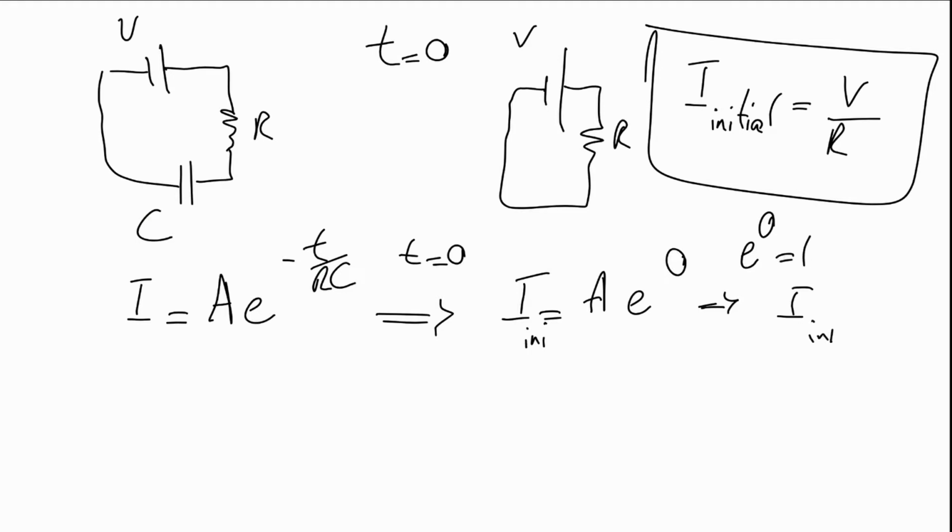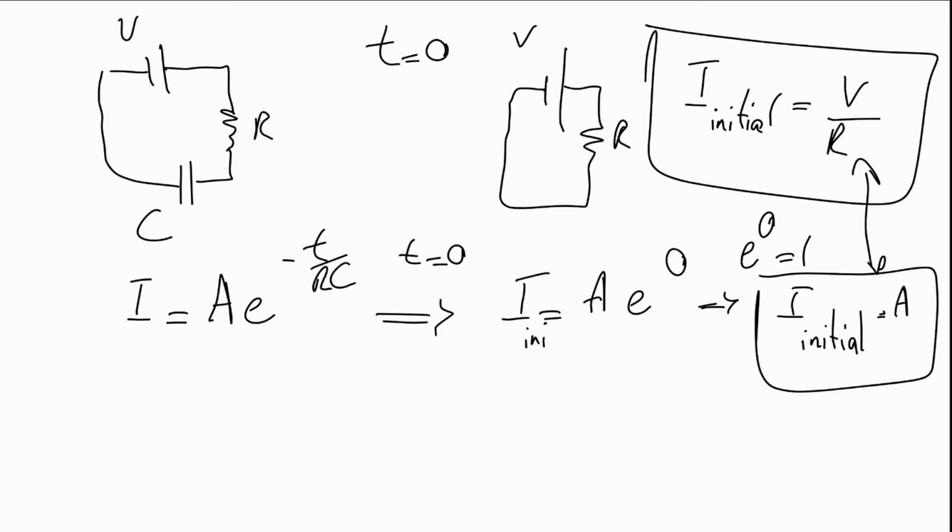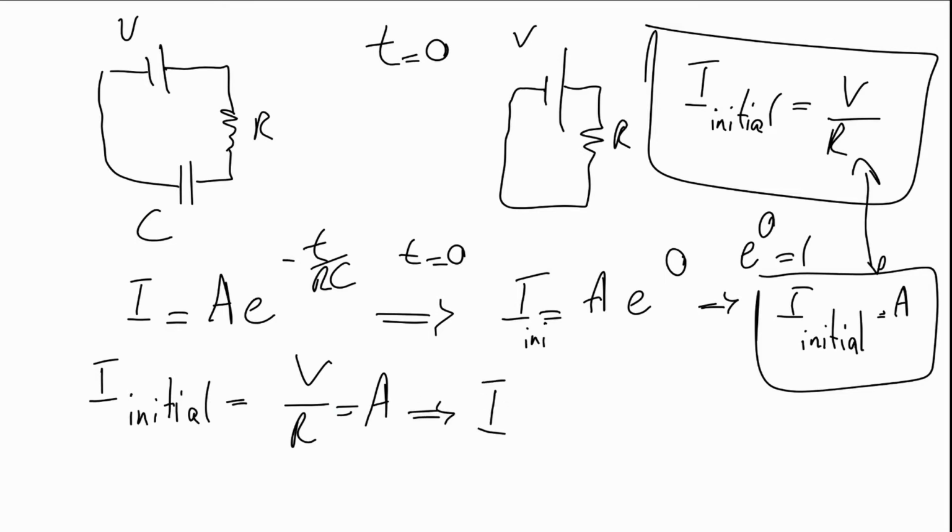We know that e to the power of 0 is 1. So I initial is A. Oh, what a coincidence. These two are equal. So I initial equals V over R equals A.